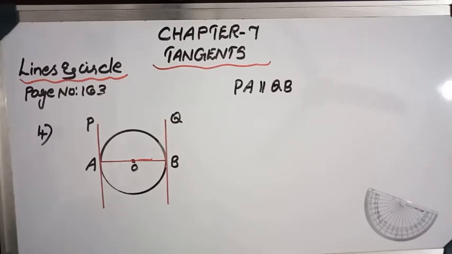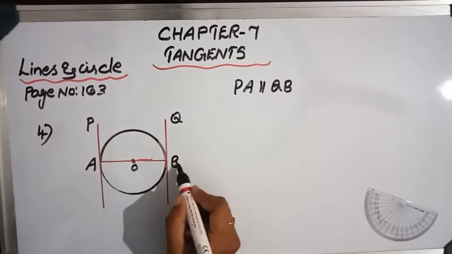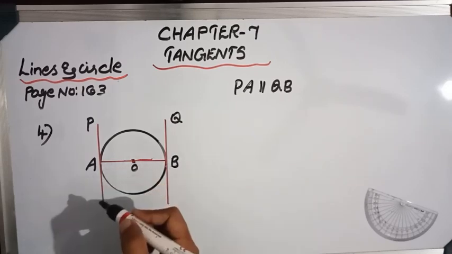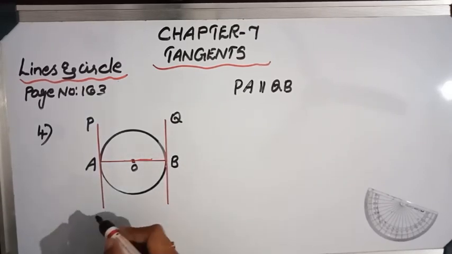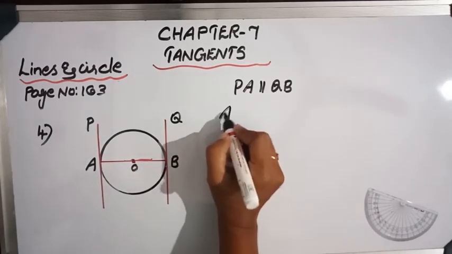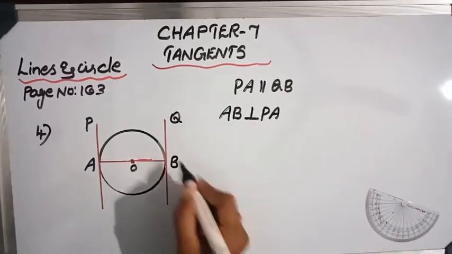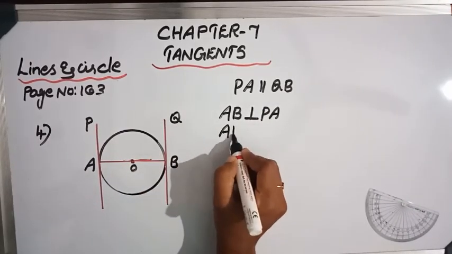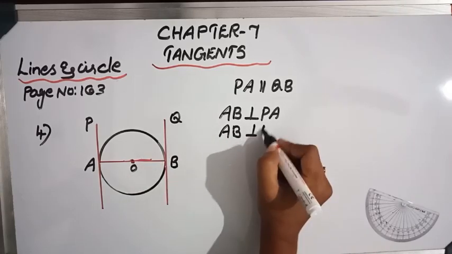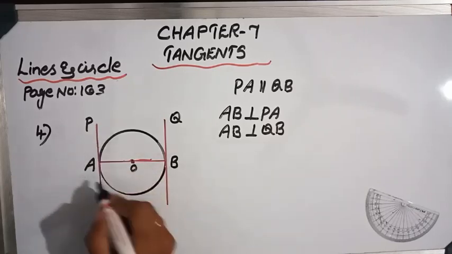So for that, we know radius and tangent are always perpendicular. OA is a radius, or AB we can consider as diameter. Radius perpendicular means diameter will also be perpendicular. So here AB is perpendicular to PA. Similarly, AB is perpendicular to QB also. That means both are perpendicular.